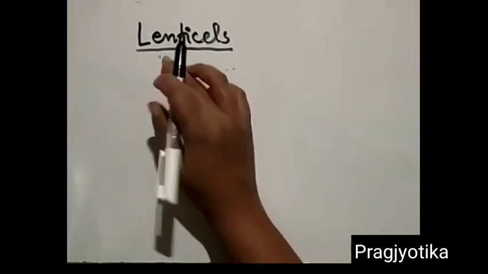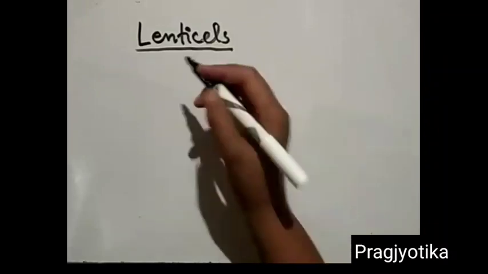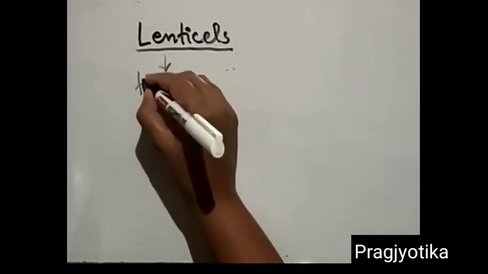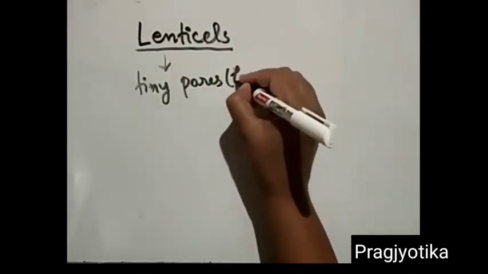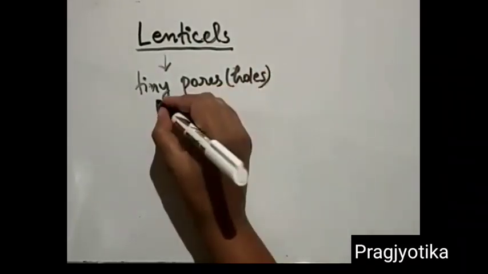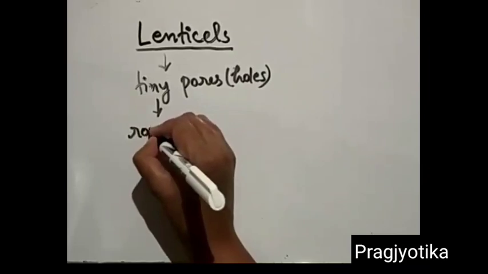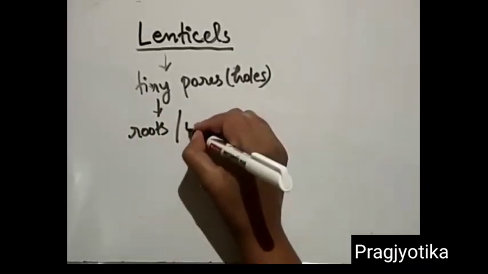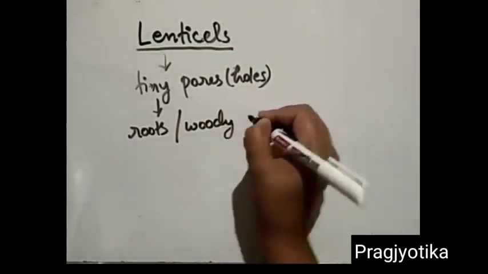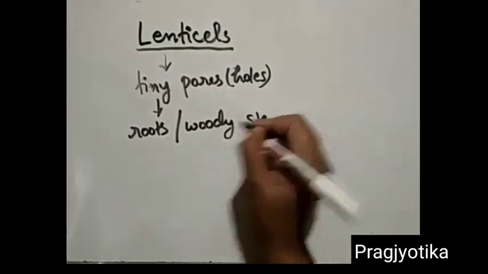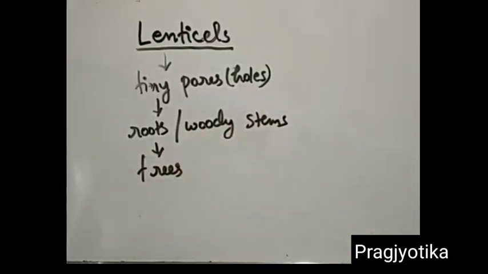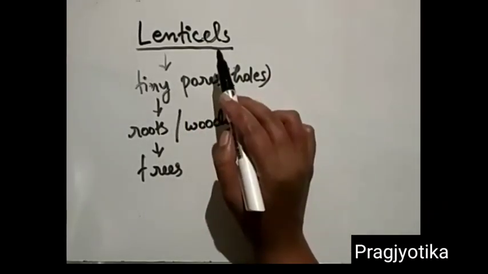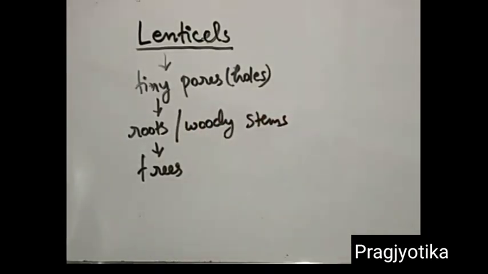Lenticels are just like stomata, and these are tiny pores, or you can say holes, present on the roots and woody stems of trees.